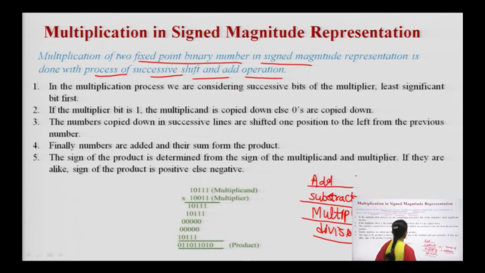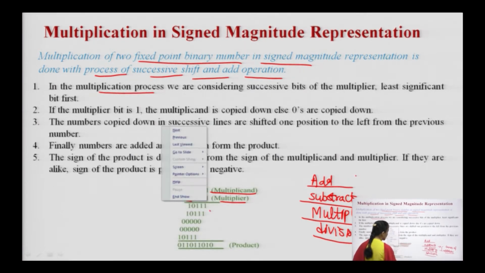So, if we consider multiplying the number 10111 with 10011, this is known as our multiplicand and this is known as our multiplier. The logic is that in the multiplication process we consider the successive bits of the multiplier.